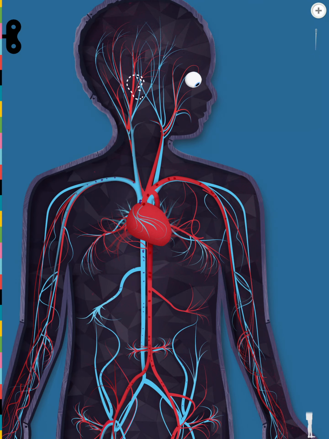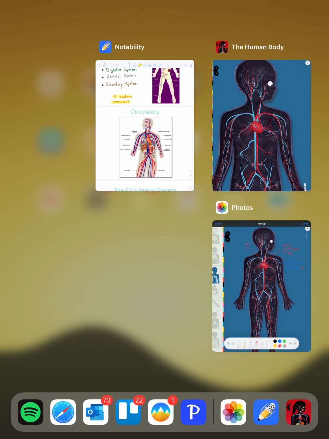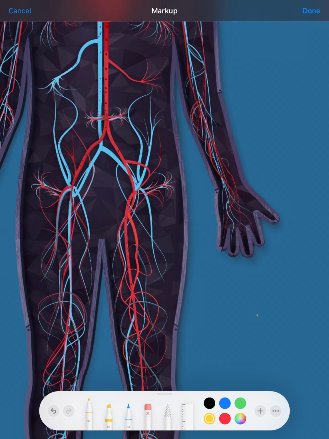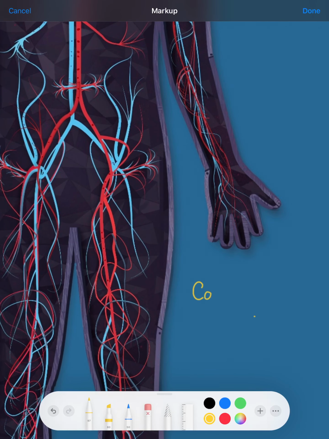There's something extra that I have to talk about, and those are the capillaries.